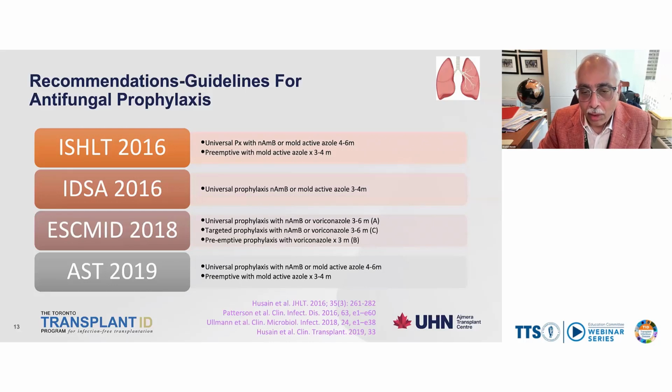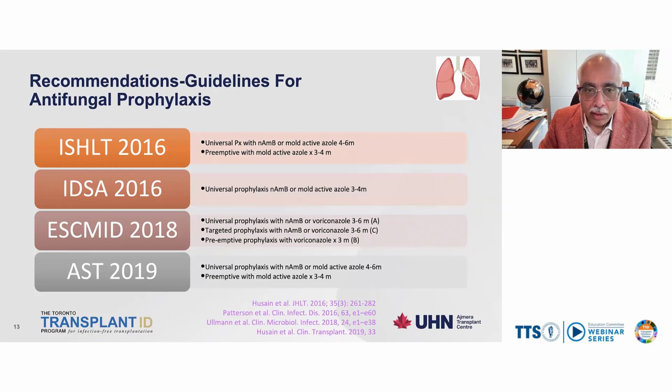There are new guidelines about to come out for invasive aspergillosis from IDSA this summer and from ECMM this fall that are going to review the existing data and make some new recommendations.